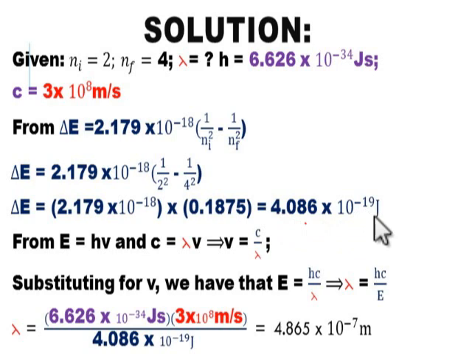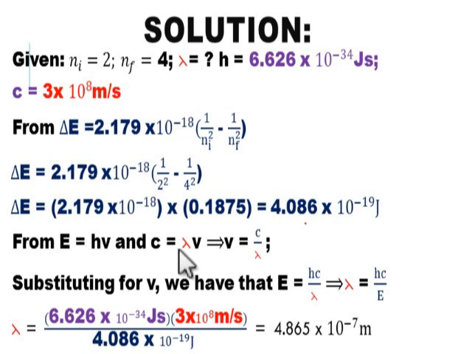But they are not asking us for the energy of the electron. They are asking us for the wavelength. So having gotten the energy, we can use it to calculate the wavelength. Now watch this. From the formula that energy is equal to Planck constant times frequency, we also have that speed of light is equal to lambda, being wavelength, times frequency.